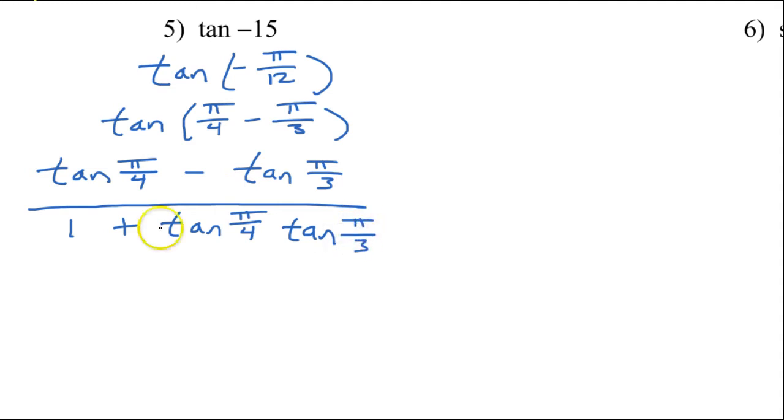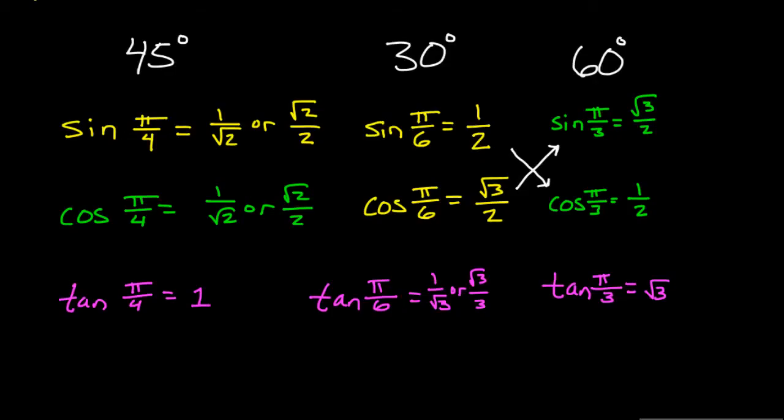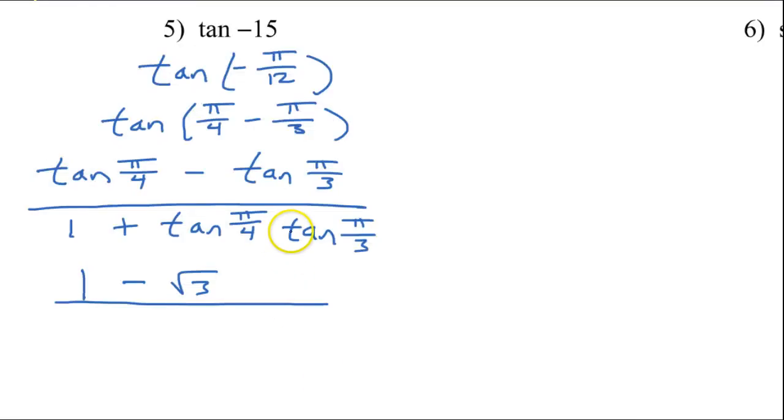Okay, let's do all of these pieces. Now, here comes the fraction. So tangent pi over 4, we have memorized that that is 1. Tangent pi over 3, that is radical 3. Alright, I'm just quoting facts off of the sheet that we have memorized. Okay, so that's the numerator.